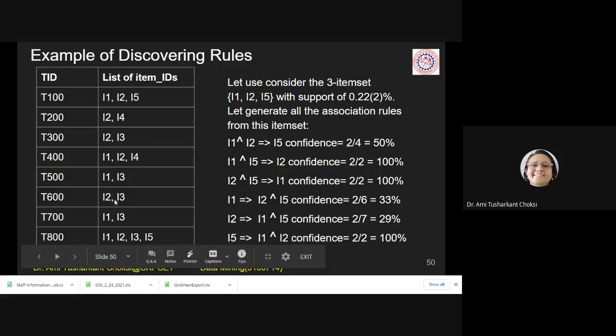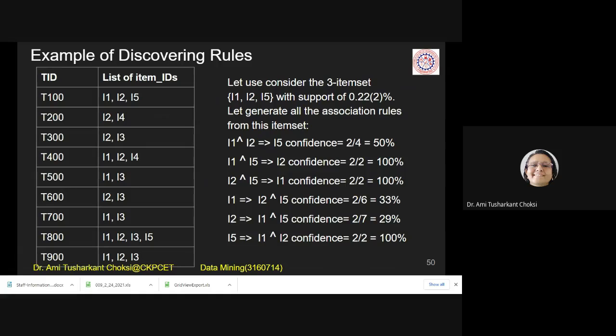For the 6th transaction, no. For the 7th transaction, no. So let us see the 8th and 9th transactions. For the 8th transaction, we do have I1, I2, I5. In the 9th also it is not there. So in this data set, I1, I2, I5 is found twice, 2 times it is available.